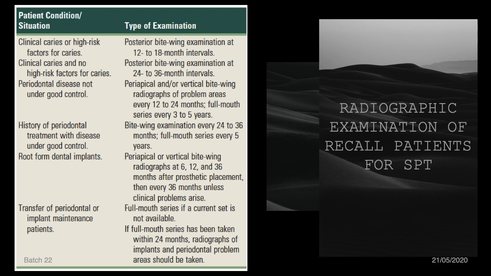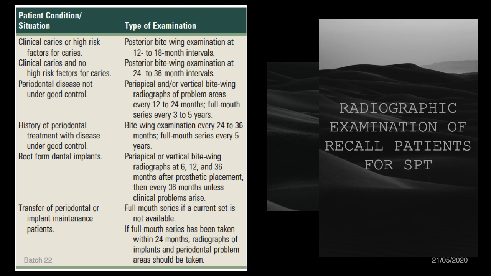If the patient had a history of periodontal treatment and is under good control, you can extend the frequency of radiographs to 2 to 5 years. If the patient has a dental implant, then radiographs should be taken at 6 months, 12 months and 36 months. The first 3 radiographs should be at the 6th, 12th and 36th month after prosthetic placement. Then every 36 months we take a radiograph.